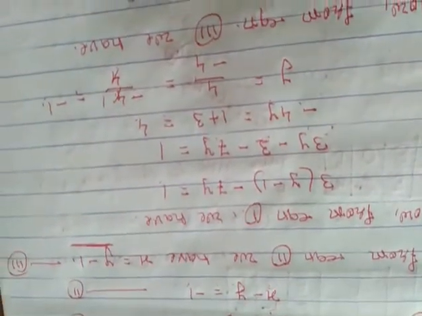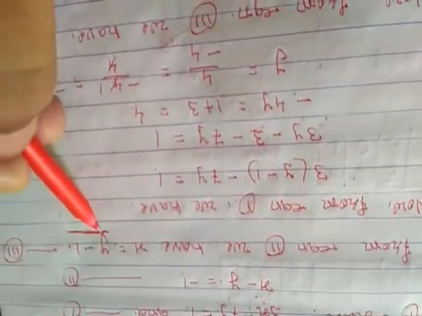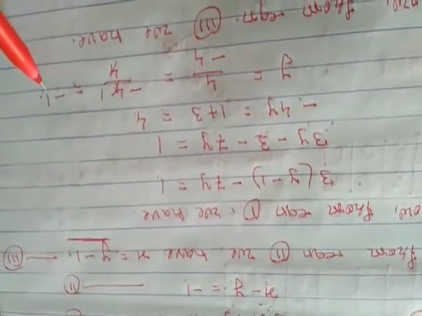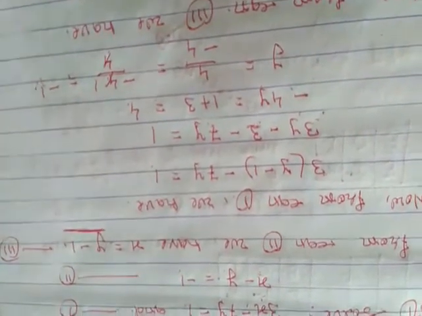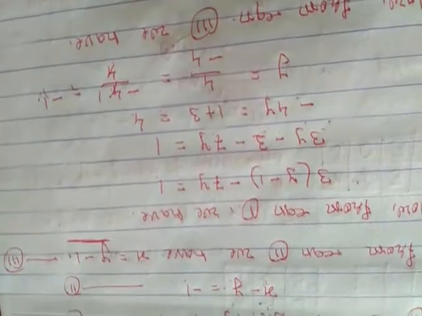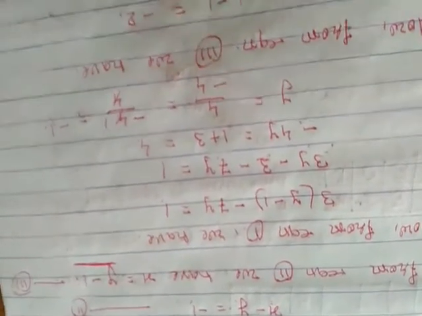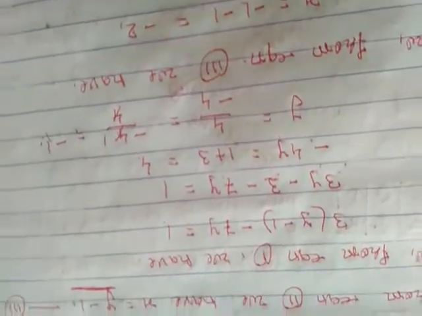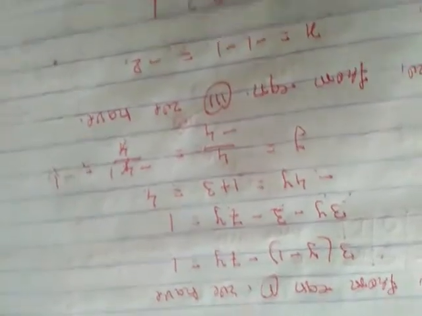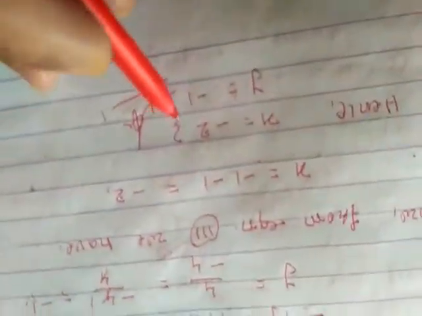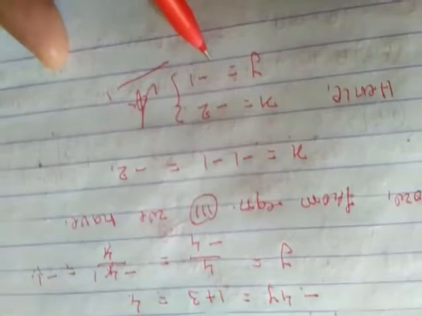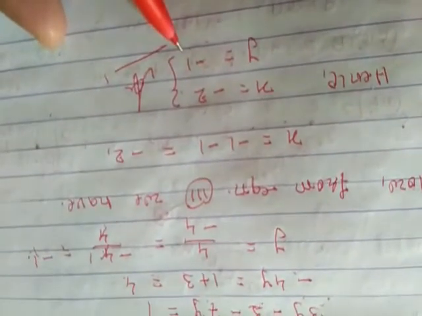Now from equation 3 you substitute the value of y. So we have x equals y minus 1. In place of y you write minus 1. So minus 1 minus 1 becomes minus 2. Hence we got the value of both variables: x is minus 2 and y is minus 1.